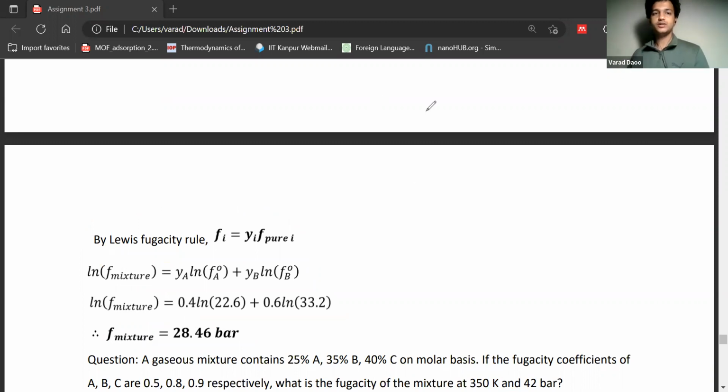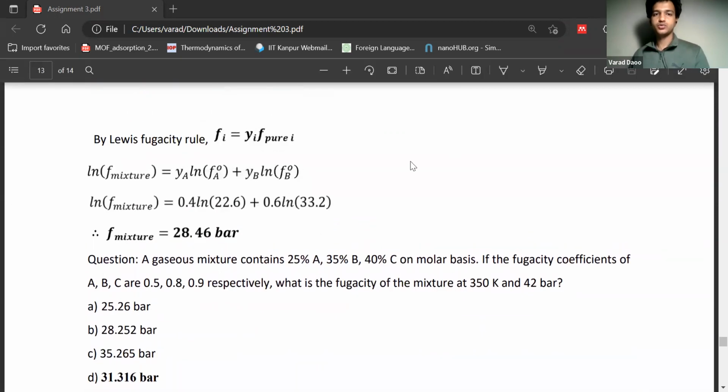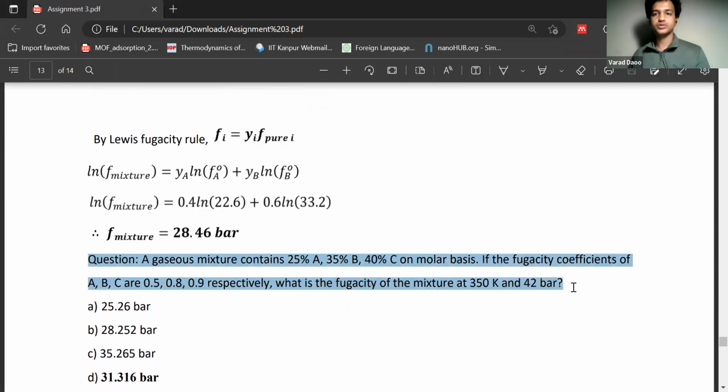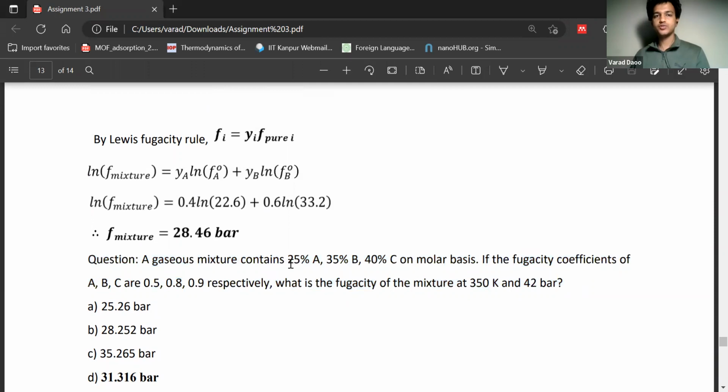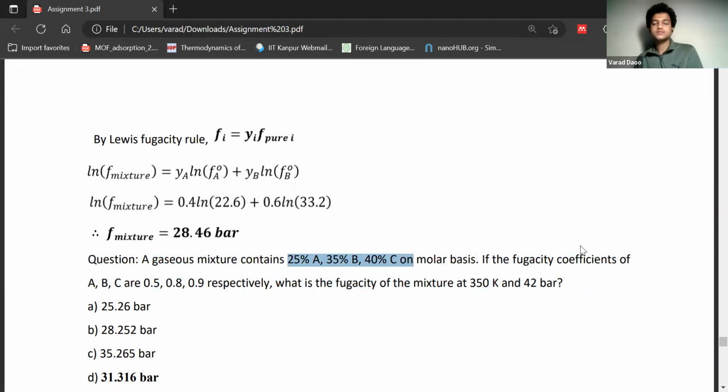If anybody has any question, they can ask, or otherwise those who have understood it can go on to the next question. Instead of binary, here we have a ternary mixture. I'll give you 5 minutes.